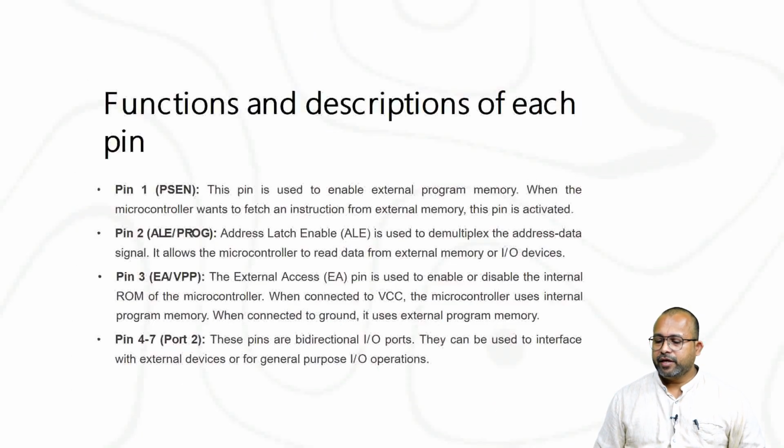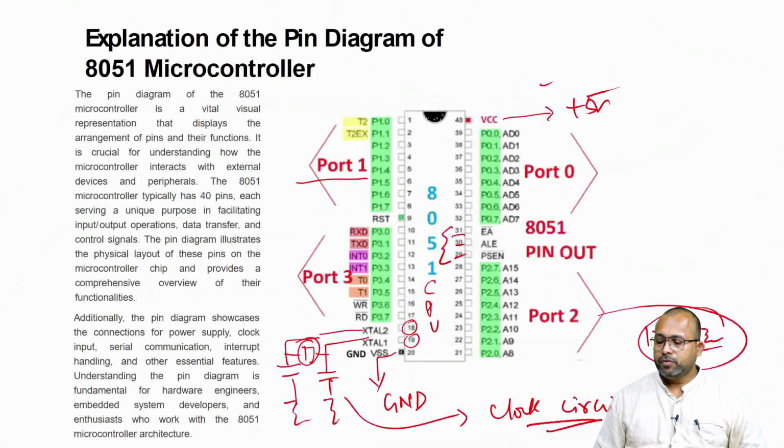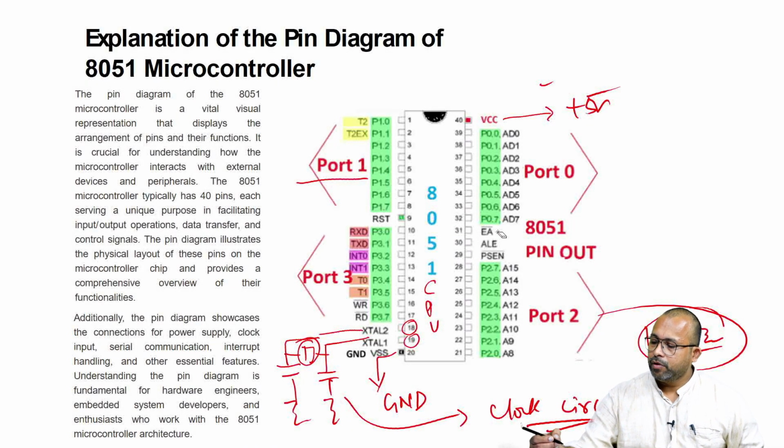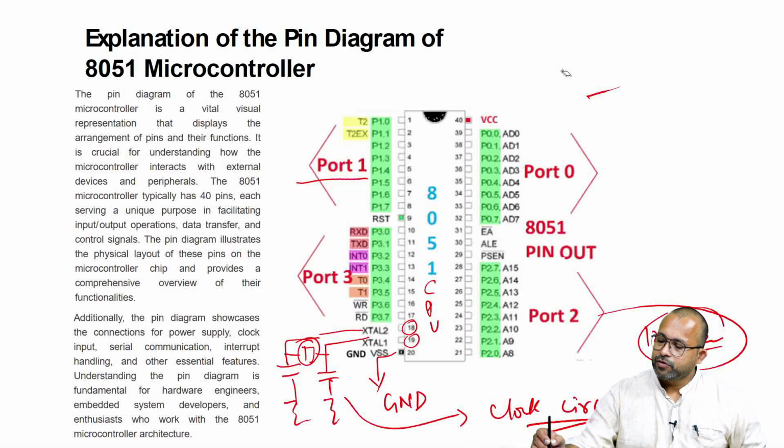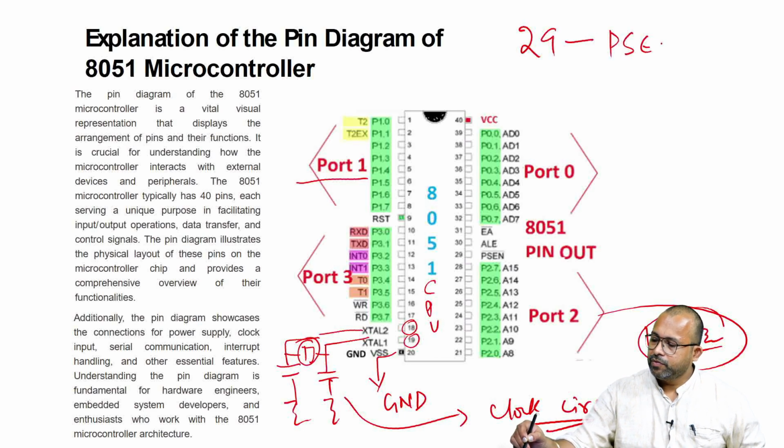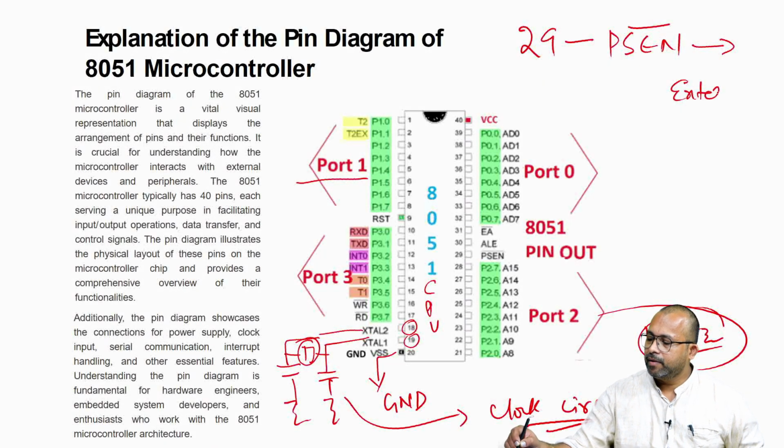The 29th pin is called program store enable. If it is enabled, we can access externally connected ROM.